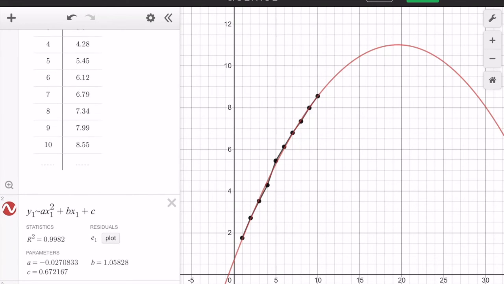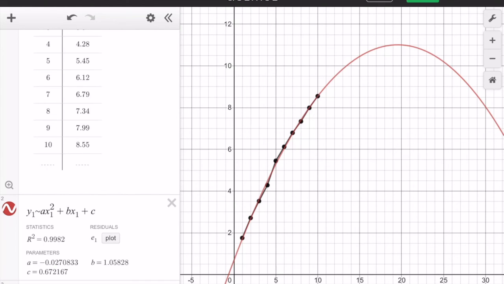y is approximately ax squared plus bx plus c. It gives you an r squared value. The r squared, when it's close to +1 or close to -1, is going to be really close. That's going to be a good representation of the data.